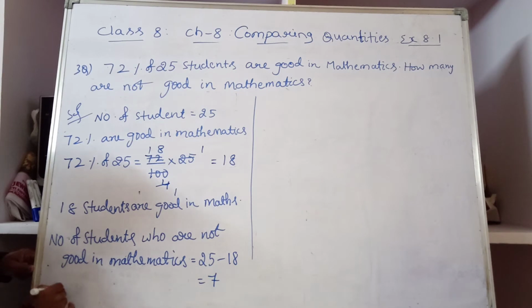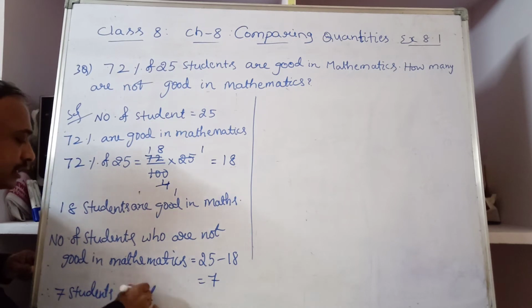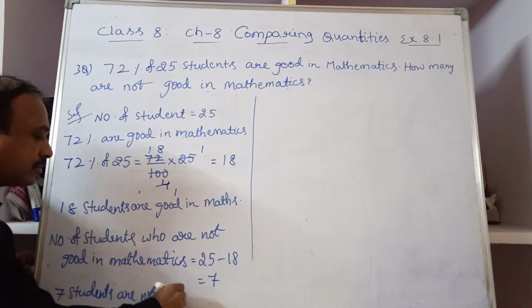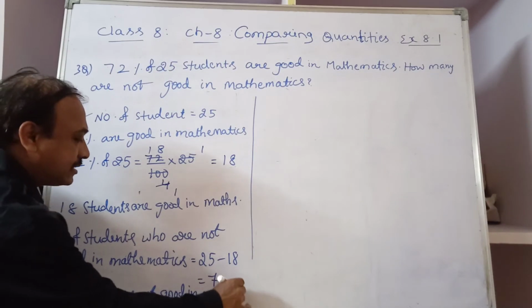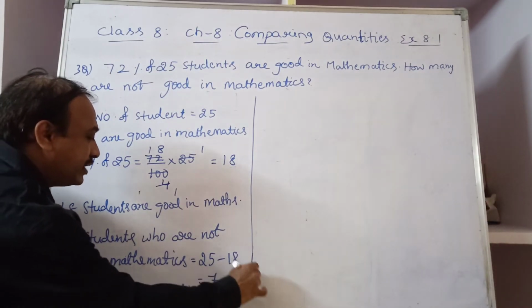Therefore 7 students are not good in mathematics. So what do we do here?